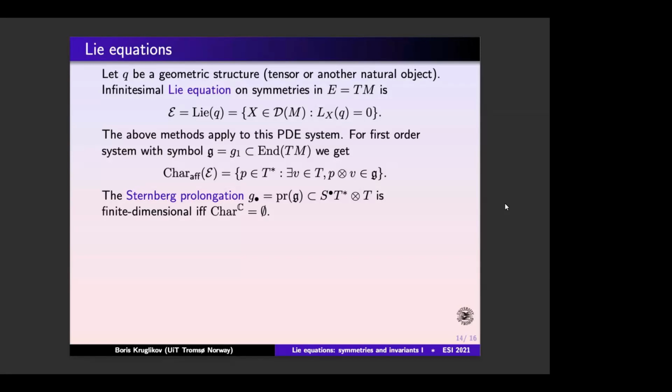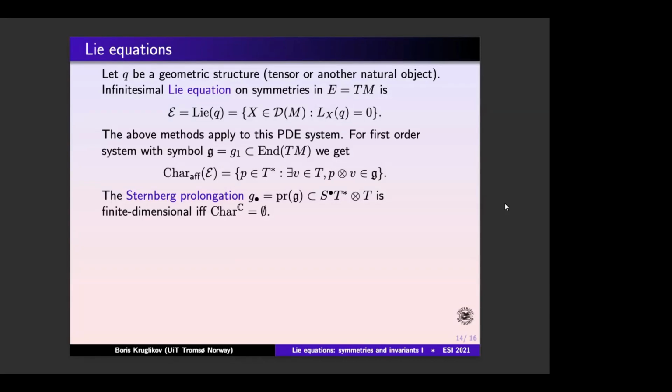For example, if you look at it as a tensor, then it will be just a first order system. It's generated by the symbol of the system, which will be just endomorphisms. So what will be the characteristic variety?